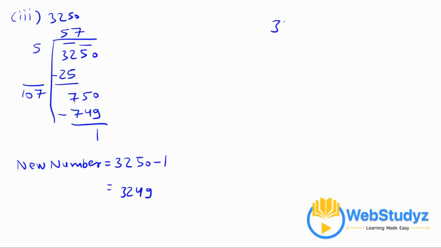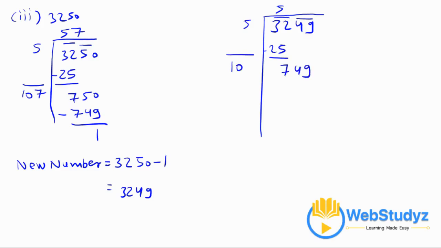So let's check 3249 from the division method by making pairs. If we subtract 25, which is the square of 5, we get 749. Here we get 10.